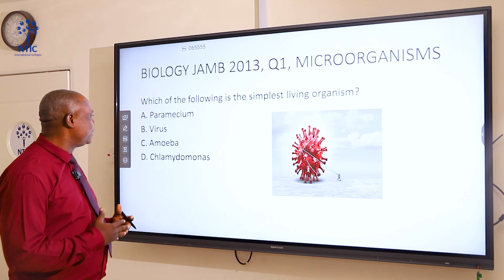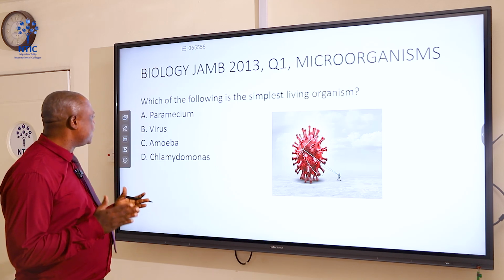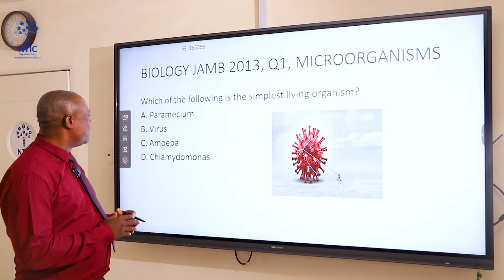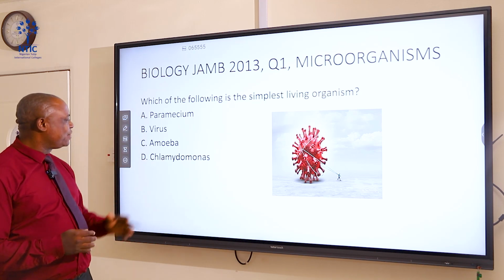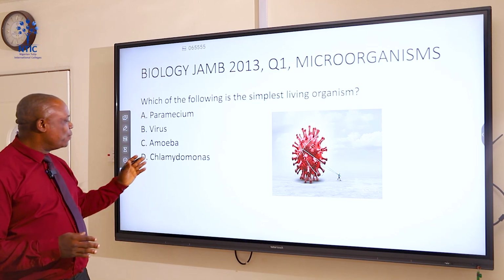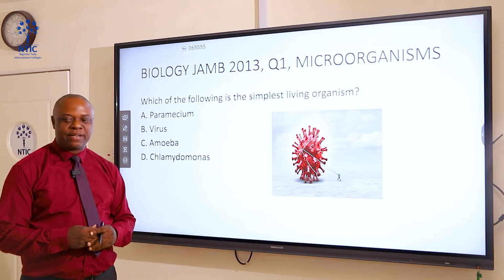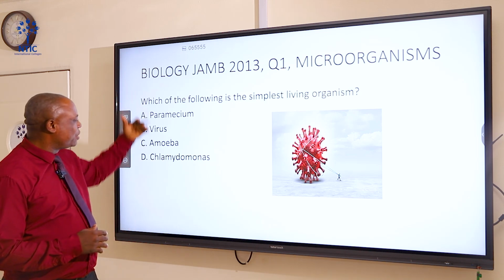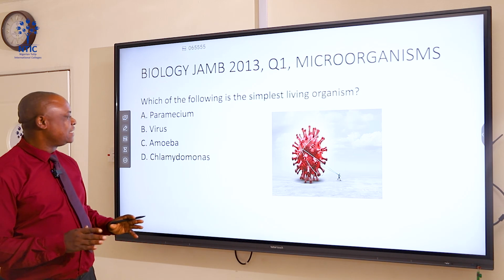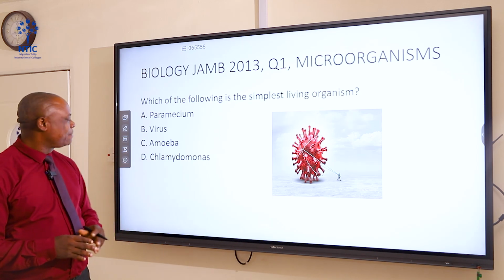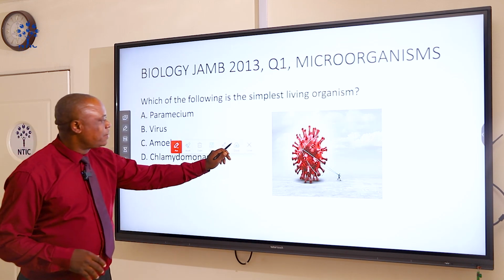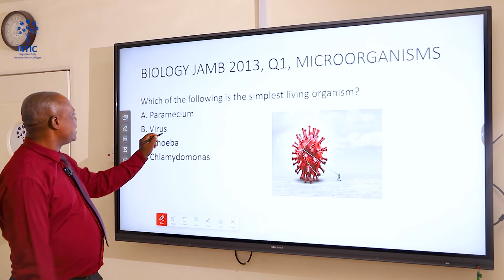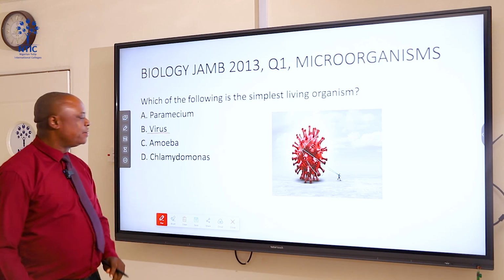Looking at the board, you have a paramecium, which is a protozoa, the virus, an amoeba, and chlamydomonas. If you look at all the options here, the correct answer is the virus.